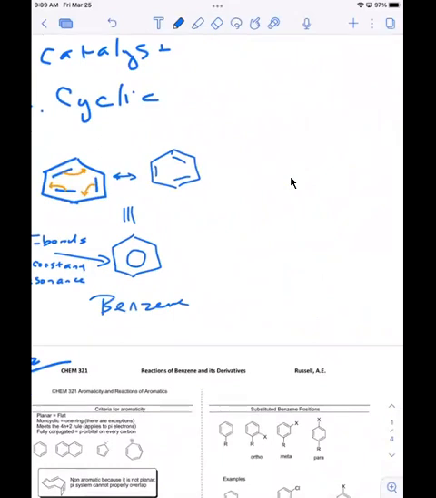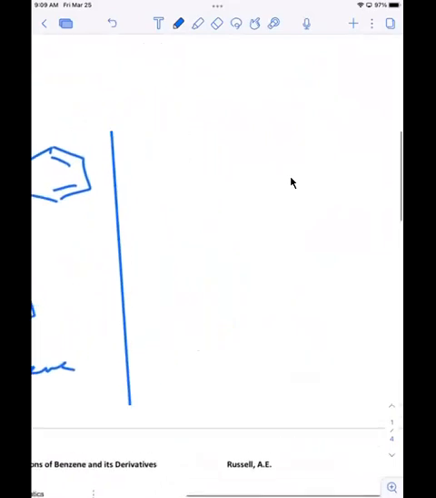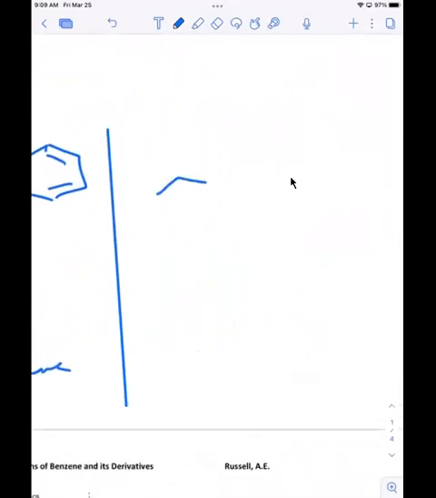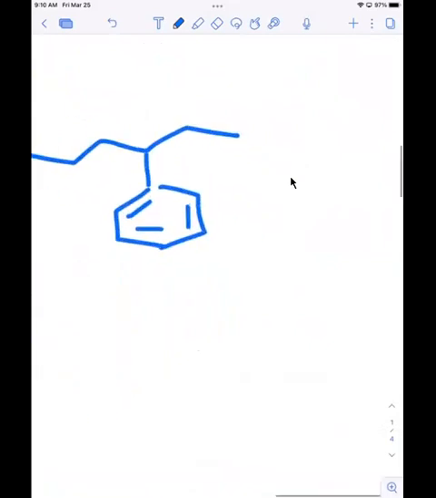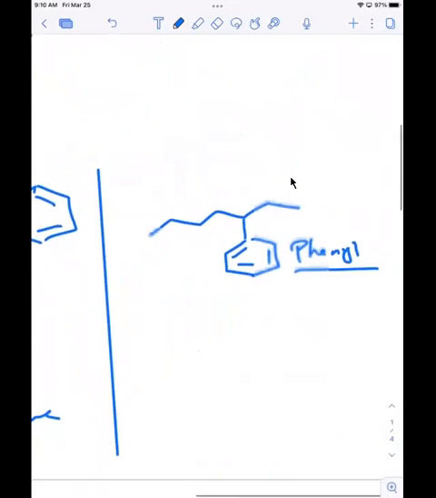And sometimes you'll see this if the aromatic is a substituent, like a benzene ring. So we have something like this, where the benzene ring is here, right? We can abbreviate that, and we call this a phenyl group, right?